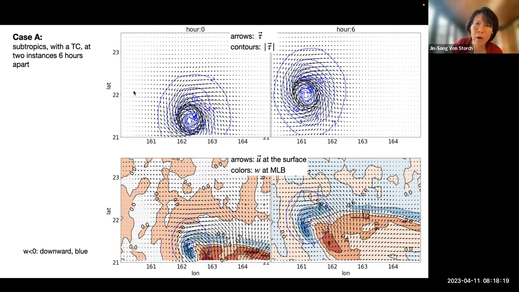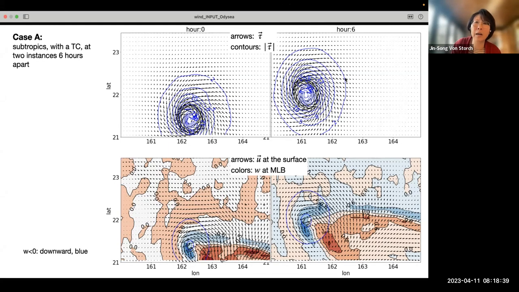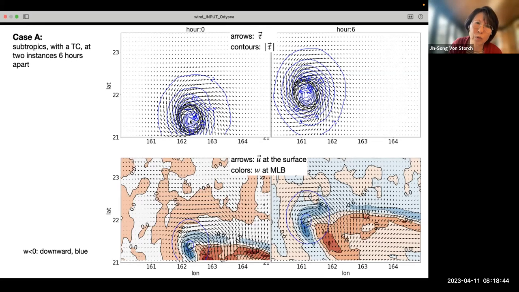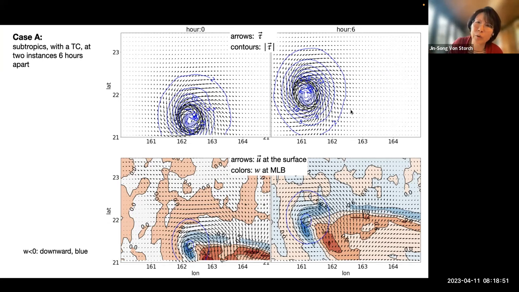So you have a tropical cyclone where the wind stress increases towards the eye and then decreases away from it. These are the left and right panels, 6 hours apart, and we see that this tropical cyclone is moving northwestward, about 100 kilometers within 6 hours.